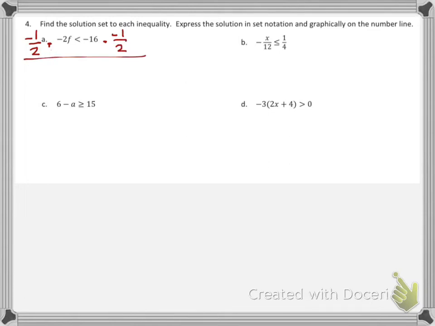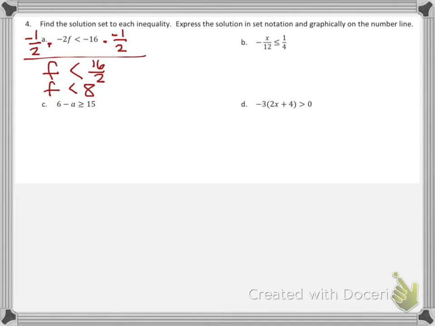And when I do that, I do get f all by itself, which is what I want. And I would say f is less than, well, a negative 16 times a negative 1 is a positive 16. And a positive 16 divided by 2 is 8. So f is less than 8.